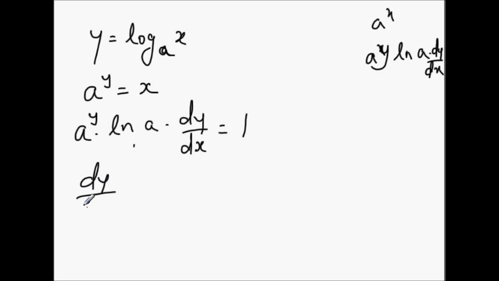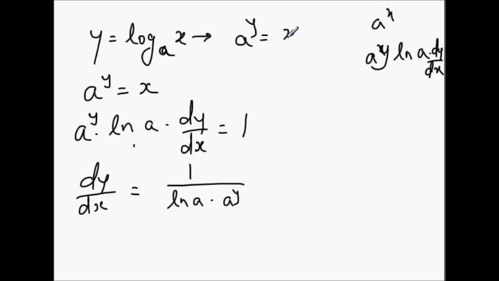Therefore dy/dx is 1 over ln a times a to the power of y. Now what is a to the power of y? A to the power of y is equal to x. Therefore dy/dx is 1 over x ln a.